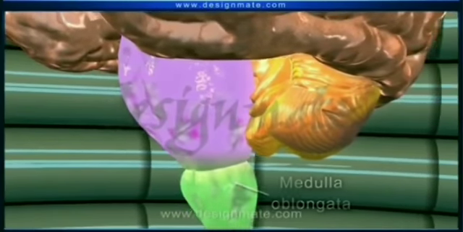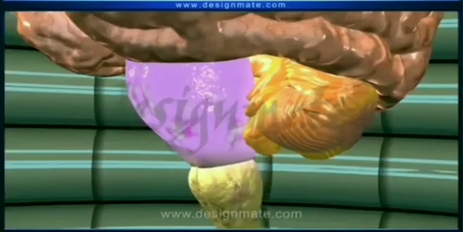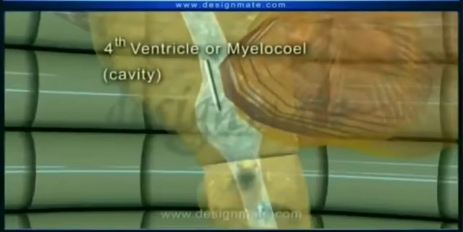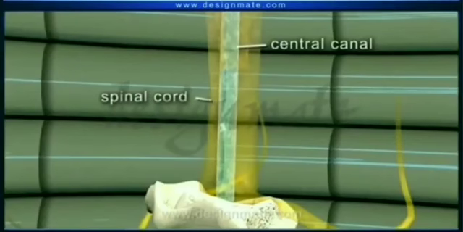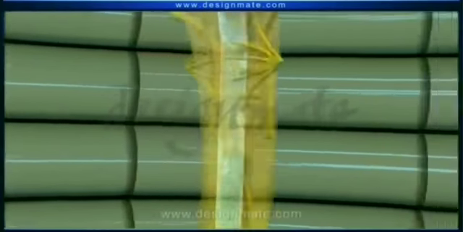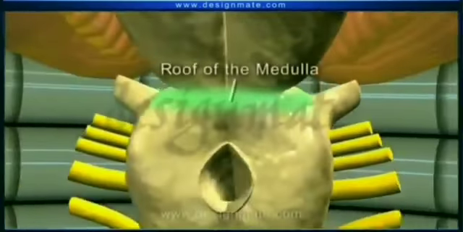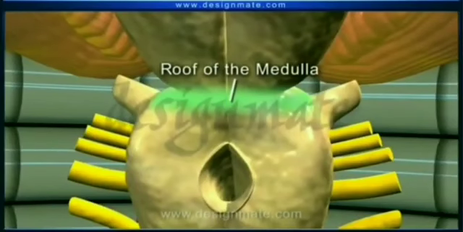Medulla oblongata. It is the posterior conical part of the brain. The cavity of medulla is called fourth ventricle or metacele. Its roof has the posterior choroid plexus. The posterior choroid plexus shows 3 openings.